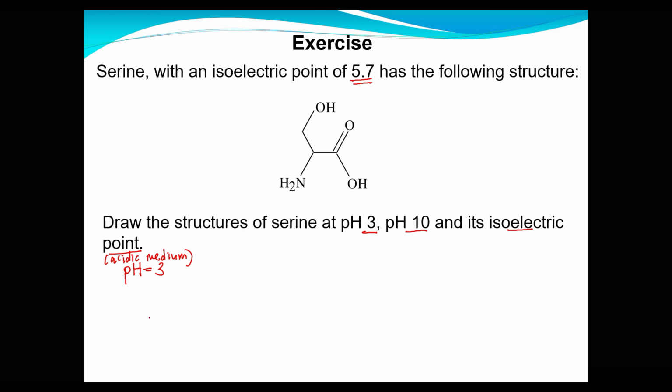So the structure of serine must be in a cation form, NH3+. The amino group acts as a base by accepting a proton. So serine acts as a base and forms a cation.